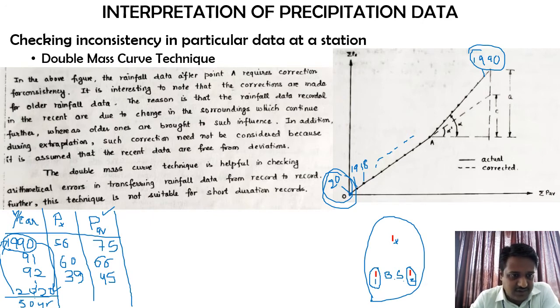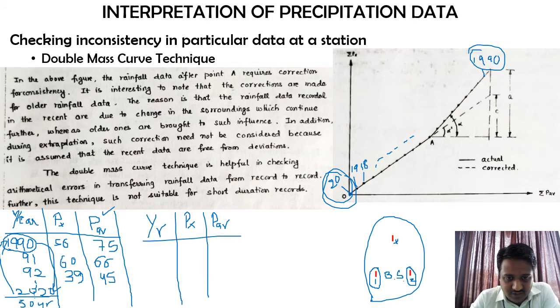Again, your columns are going to remain similar. First one will be year, then you have your px value, then you will have your P average value. So we are not doing anything else; the first step is just to reverse these values. Here the first one will be 2020, and whatever values we have for it will come along.